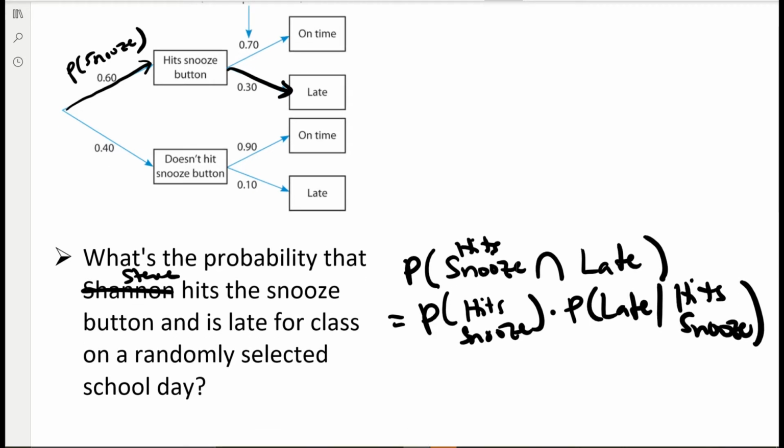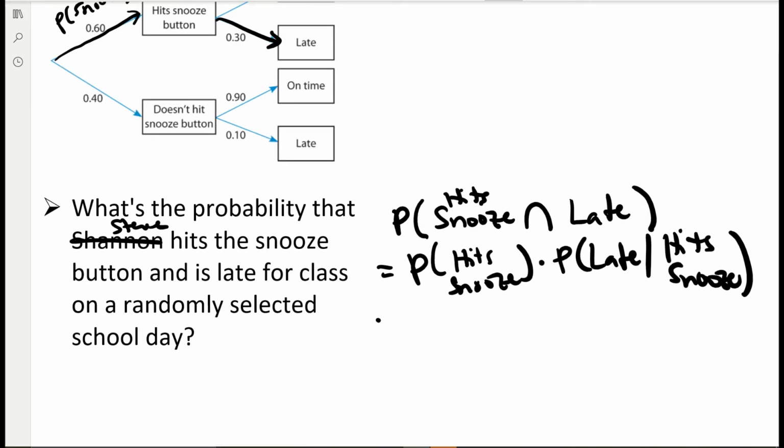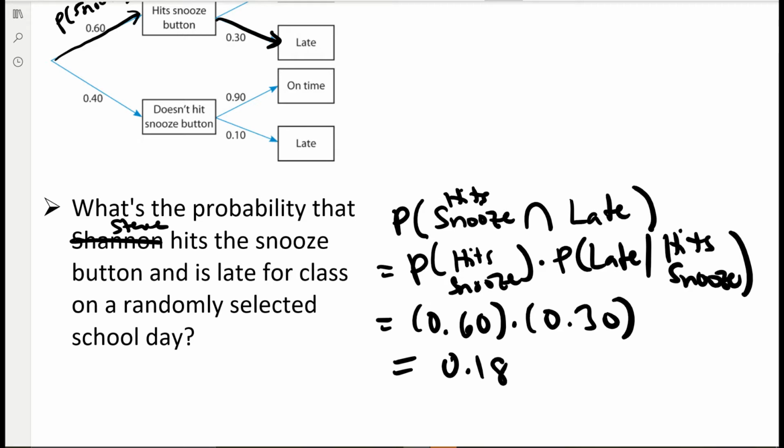So we times those probabilities as we travel along the tree diagram. So in this case, we have 0.60 times 0.30, and that will give us 0.18 for our probability. So he has an 18% chance of hitting the snooze button and being late to class.